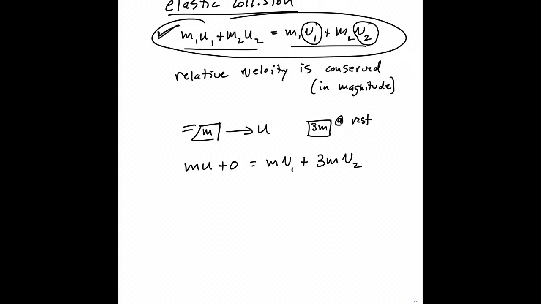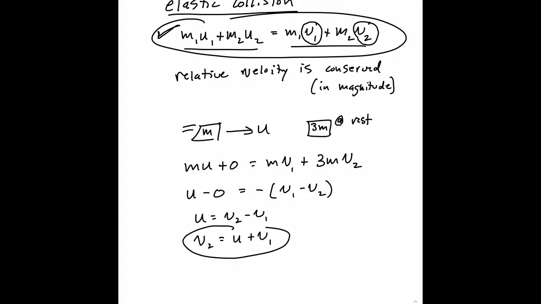Additionally, the relative velocity is conserved. We can state that as an equation as u minus 0 is equal to the negative of v1 minus v2. So u is equal to v2 minus v1, or in other words, v2 is u plus v1.